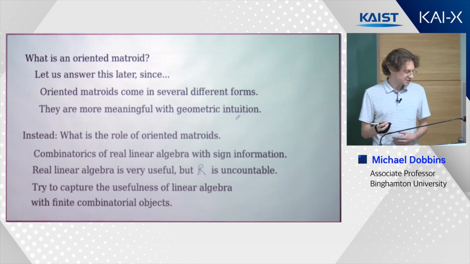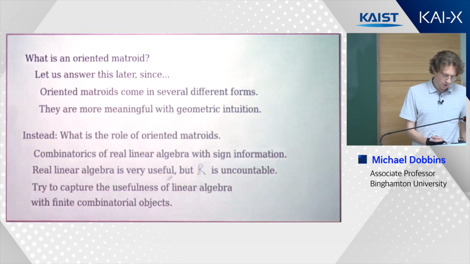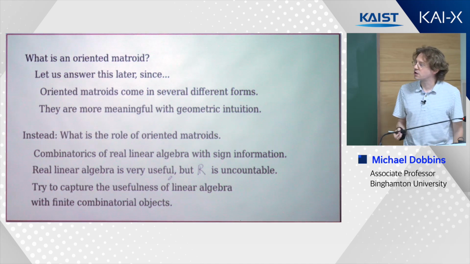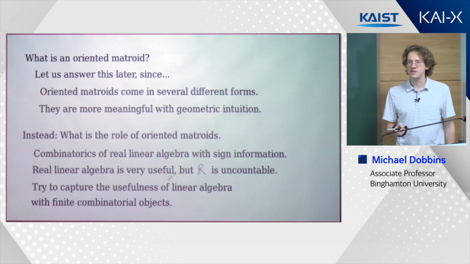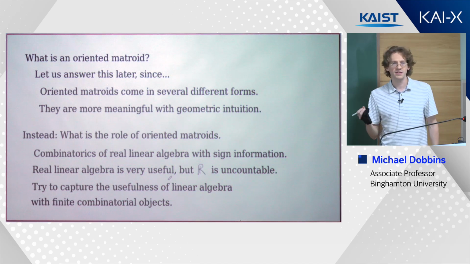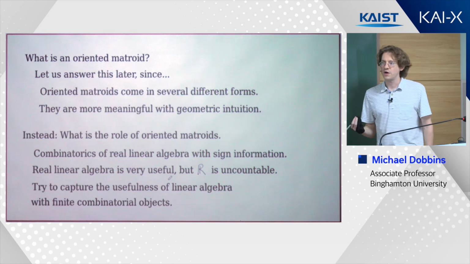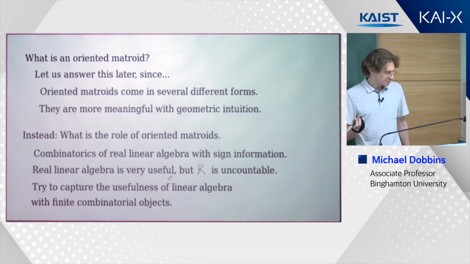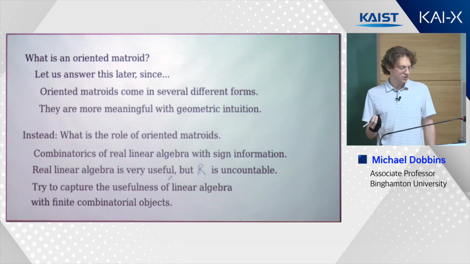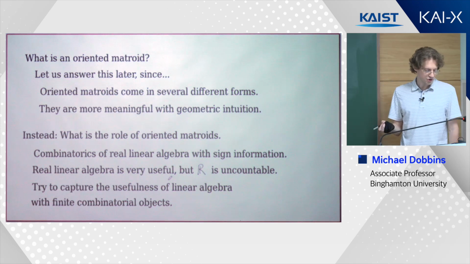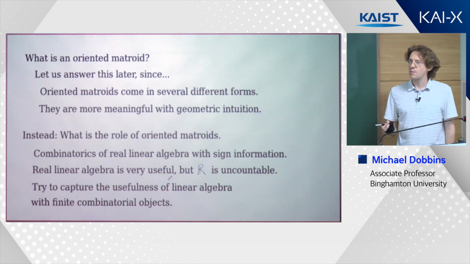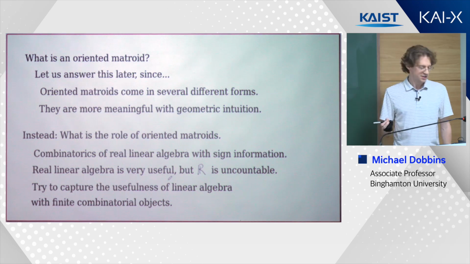Well, one reason is real linear algebra is very useful, but the real numbers are uncountable, which makes them harder to work with. You can't record exactly a real number. So something that we want to do with oriented matroids, which will be a theme here, is to try to capture the usefulness of real linear algebra, but with some finite combinatorial objects.